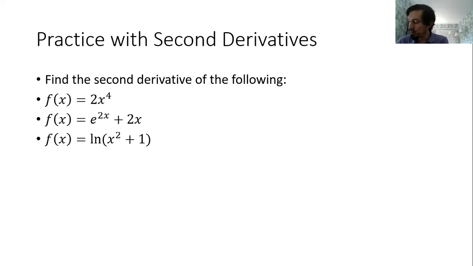Is anybody done? Because I'm not. It means you're faster than me if you're done. Congratulations. We might even be able to say something about whether these functions are concave or convex.